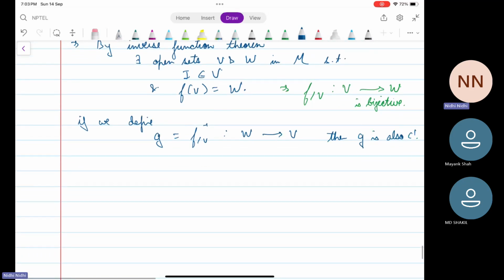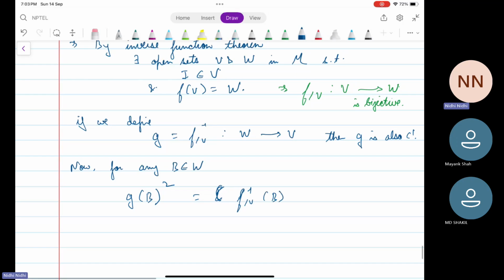Now for any B in W, G(B) whole square is equal to, so G(B) is nothing but the inverse of F restricted to V at any point B, the whole square.